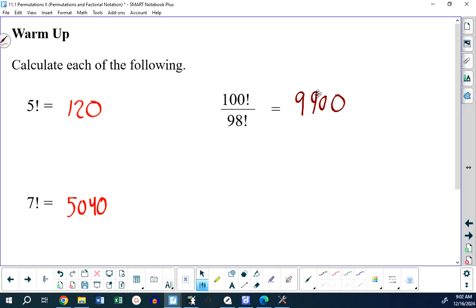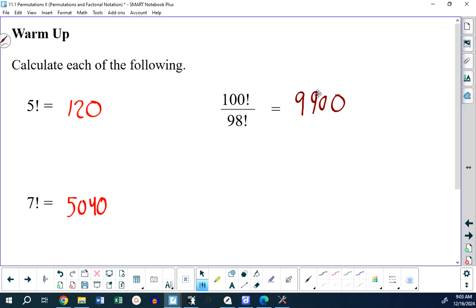But when you divide it by 98, it takes away the 98 and below. Right. So the 100 factorial is all of the factors in 100 factorial. That's why it's called a factorial. All of the factors in 100 factorial are 100 times 99 times 98, 97, etc. But all of those factors in 98 factorial are contained in all of the factors of the 100 factorial.